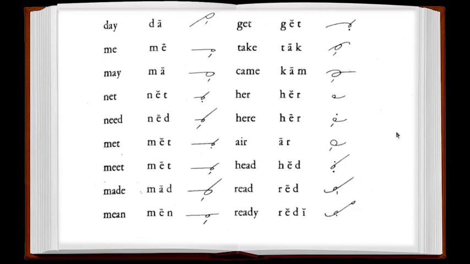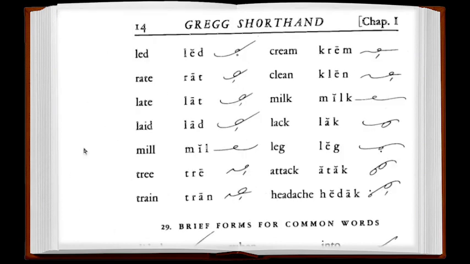In the word her, it's just an ER and there's no H dot above it. And here, there's an H dot above it. So her is a brief form. Here's a continuation of those. Lead, rate, late, laid, mill, tree, train, cream, clean, milk, lack, leg, attack, headache.